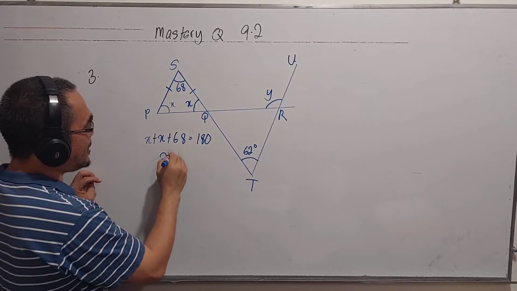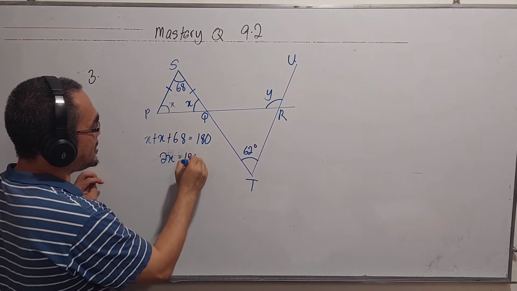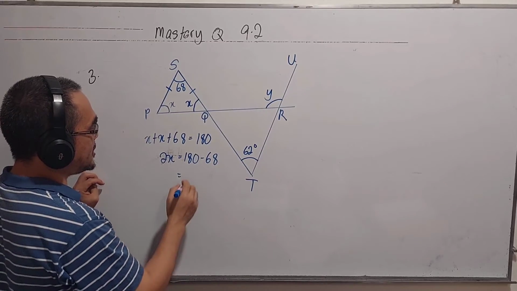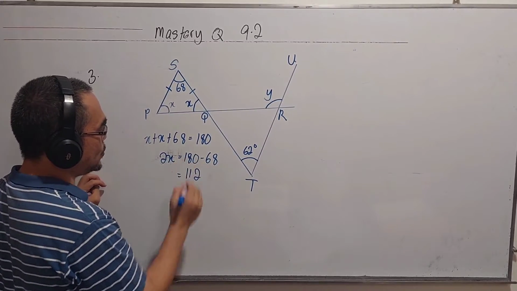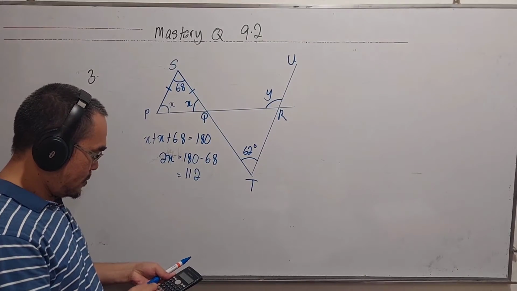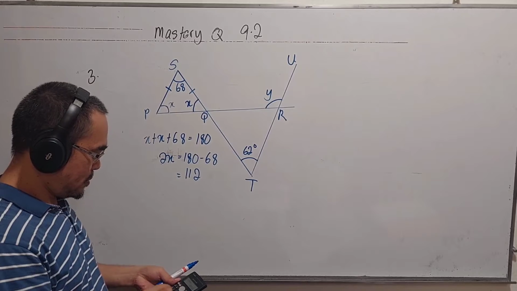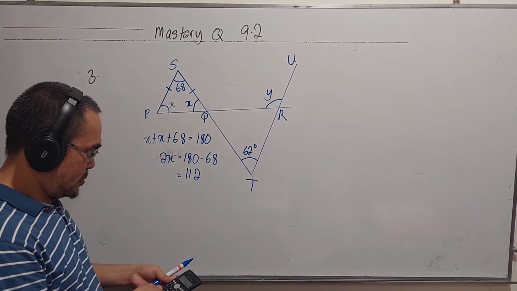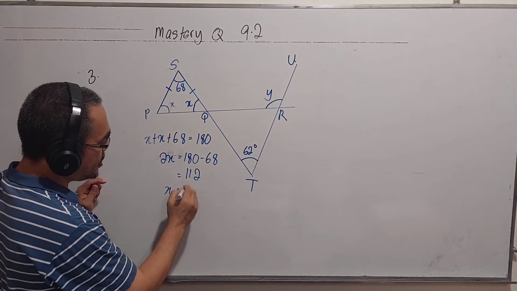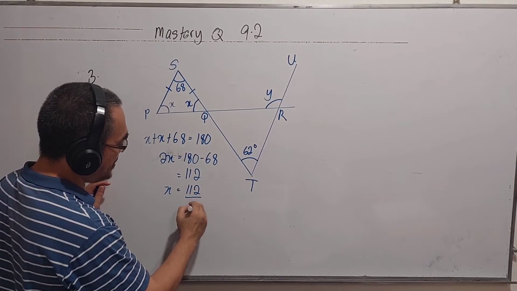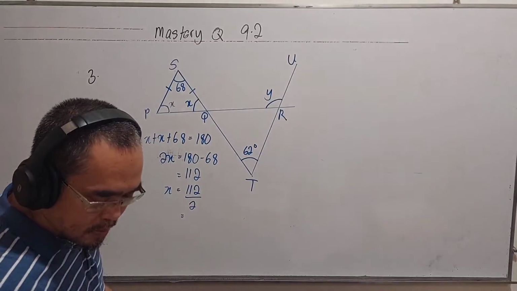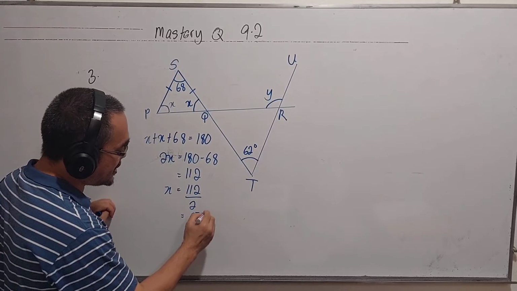So we have 2X equals 180 minus 68, which is 112. And then X will be 112 divided by 2, equals 56 degrees.